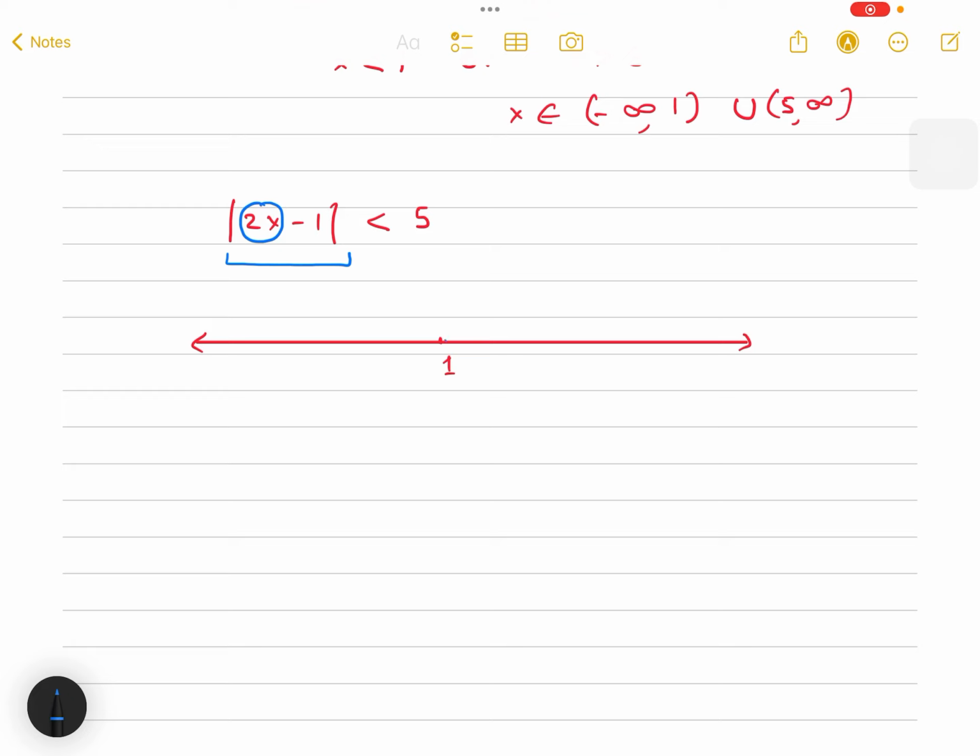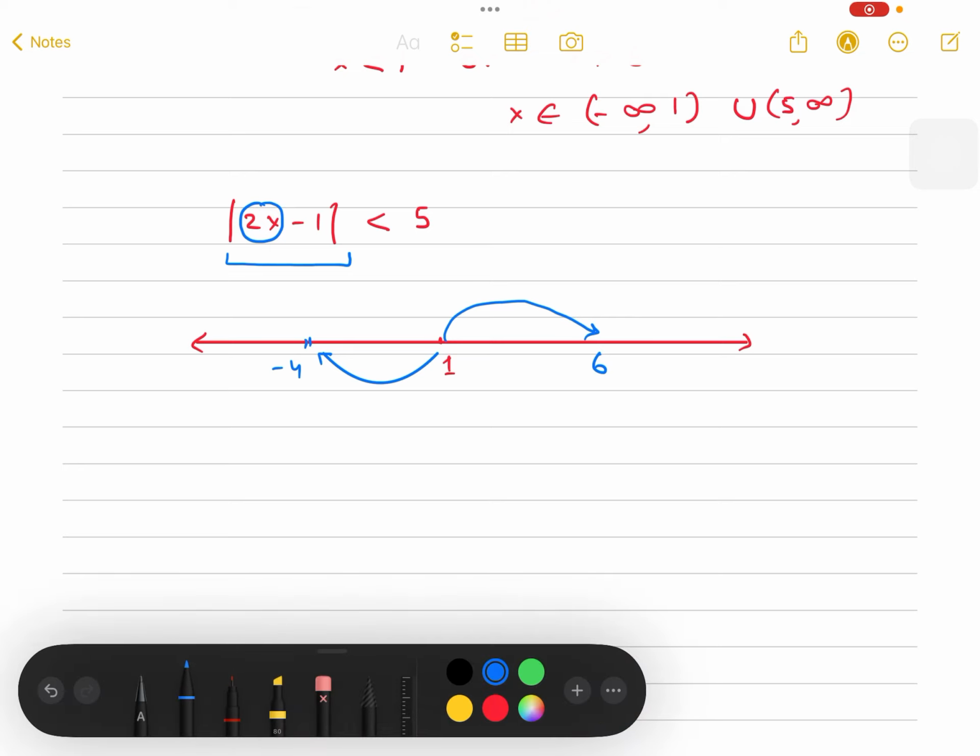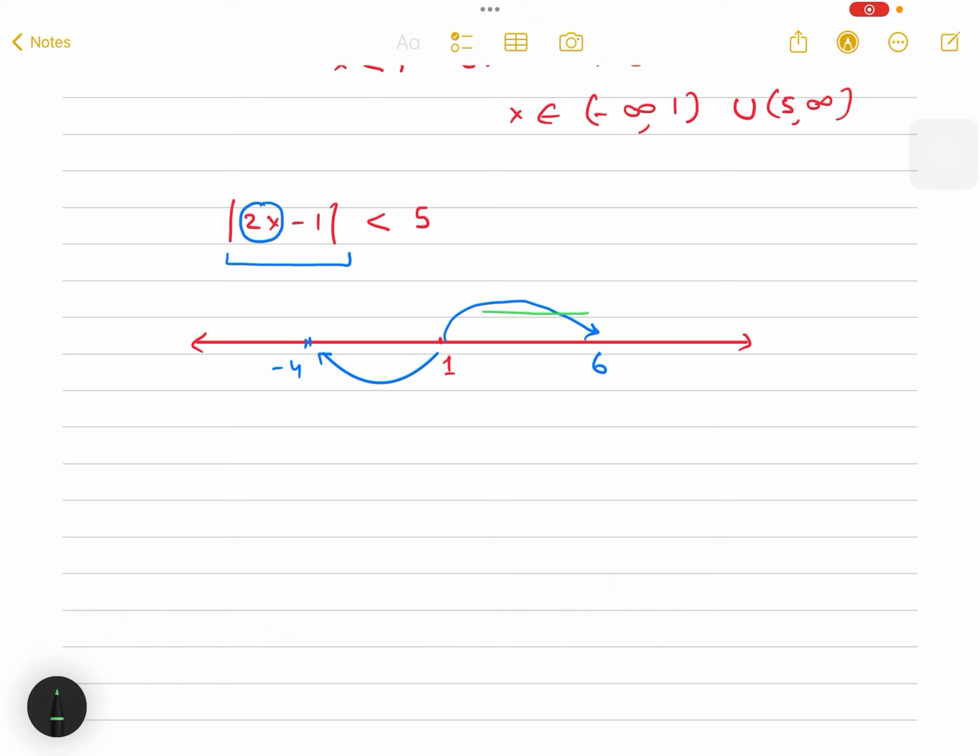So let's go 5 units ahead of it, and if it is so, 1 plus 5 is 6, and 5 units in the backward direction, it is 1 minus 5, that is minus 4. So my 2x is going to be in between these two locations.